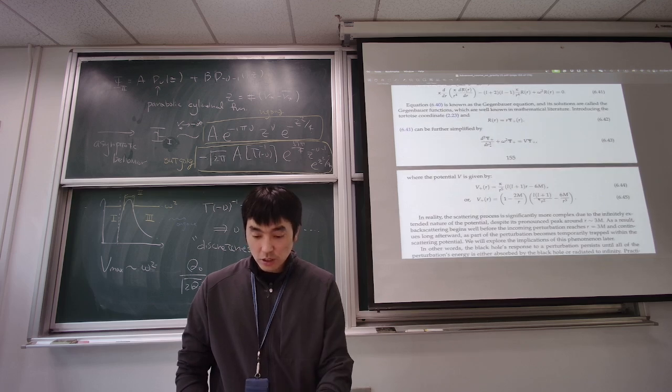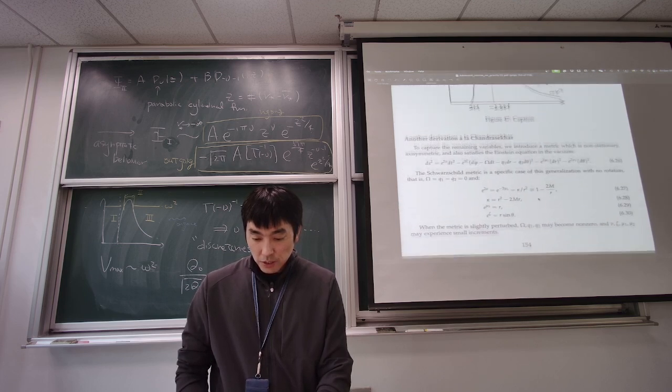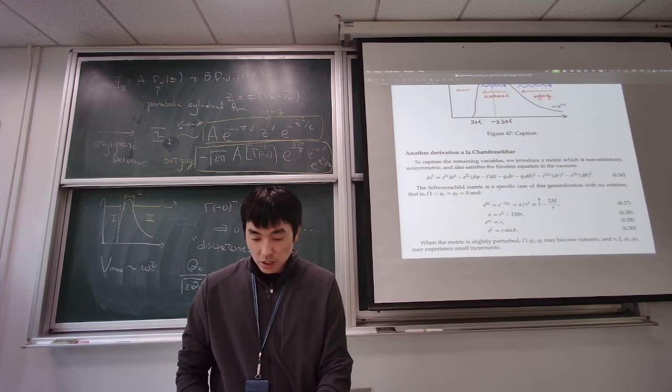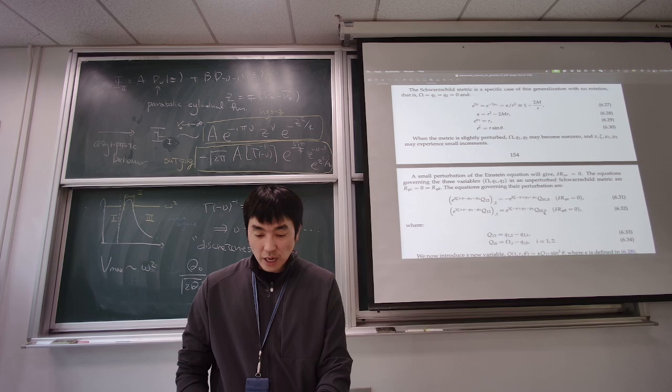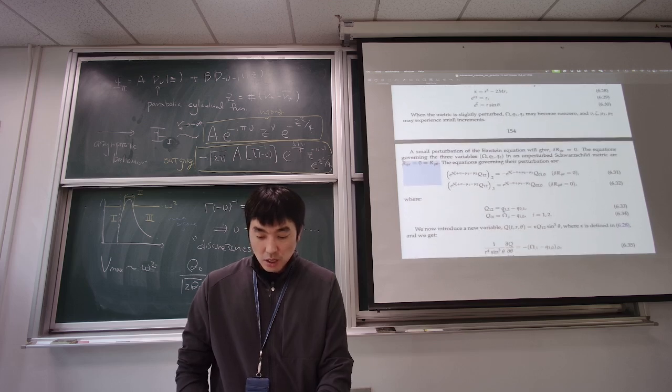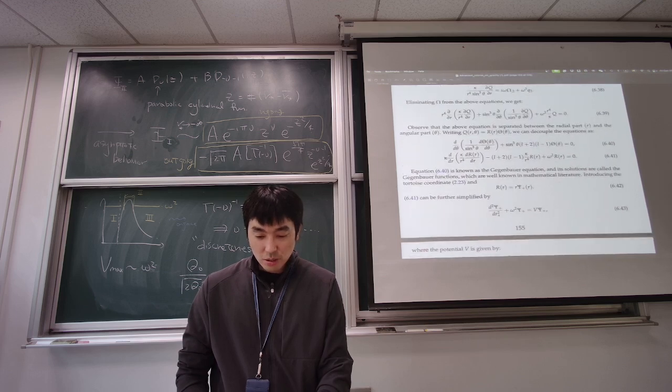I think you can go through it by yourself instead of me writing this equation. I think it's more illuminating to just write down the perturbed Schwarzschild metric this way, write down the Einstein equation in this form, and then do the manipulation to get the Regge-Wheeler equation.